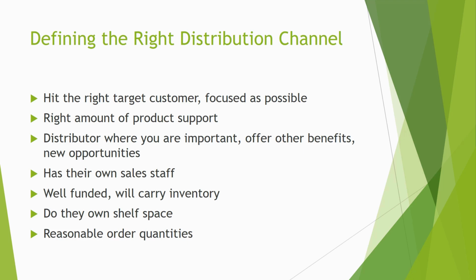Of course, you want the distribution channel to be well funded and be willing to carry inventory. When I say do they own shelf space, like a convenience store will, I don't know if owning the shelf space is the right term, but they'll have a slotting allowance like at your convenience stores where a certain section of the store belongs to them. They put their products into those shelves.